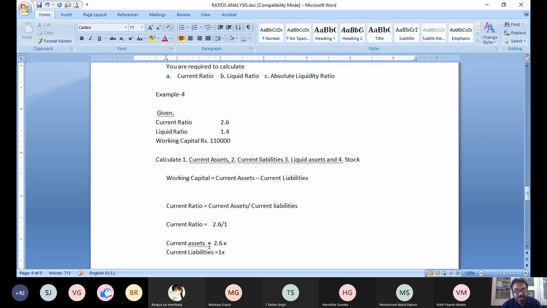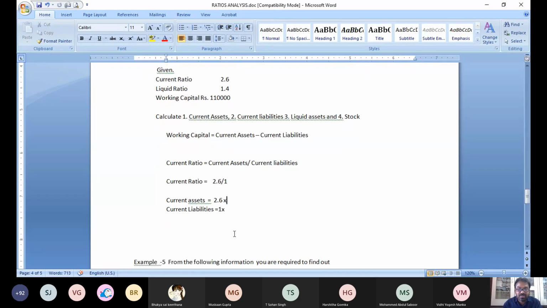Therefore I put it like this: current assets is equal to 2.6x, and current liabilities is equal to 1x.